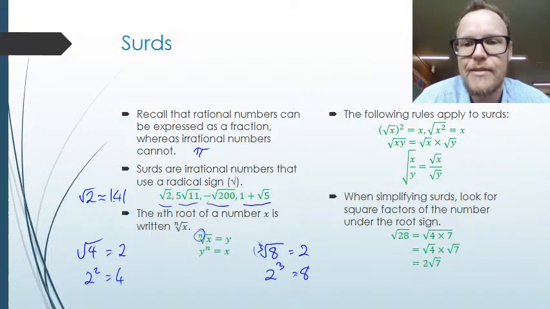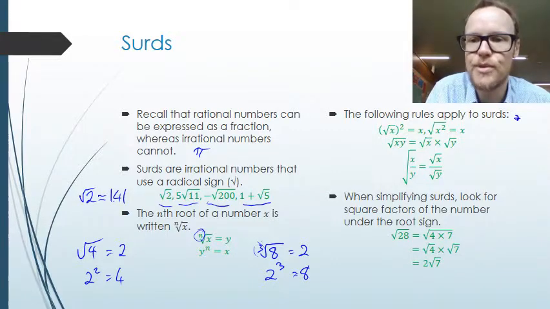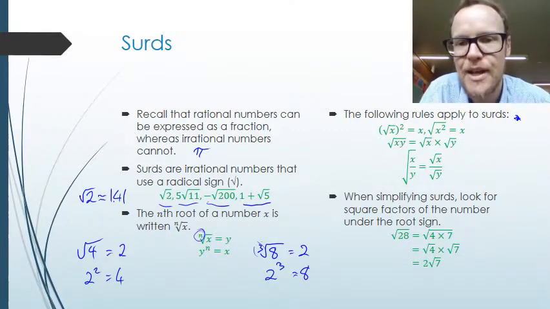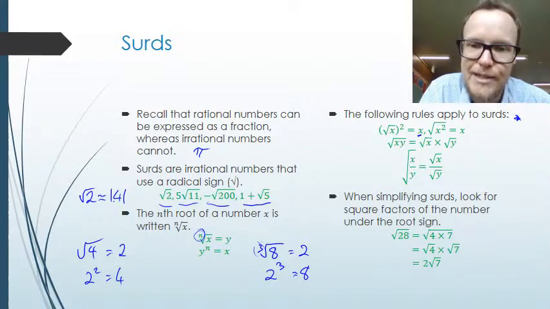So when we're looking at surds, there are a few different rules that apply to surds. If I take the square of a square root, then that just leaves the value that we had under the square root. So the square of the square root of x is equal to x. Similarly, if I take the square root of a value that's squared, then that is equal to x.